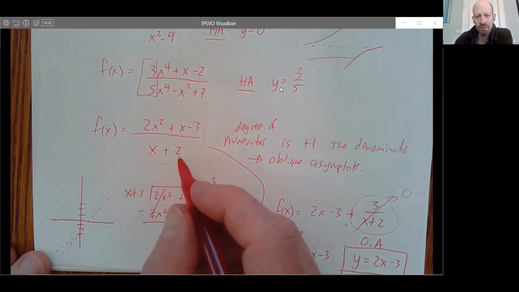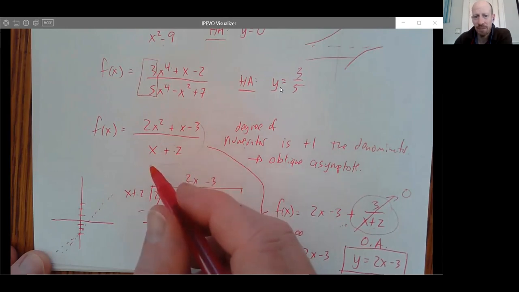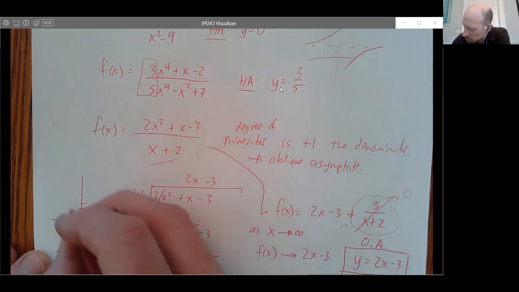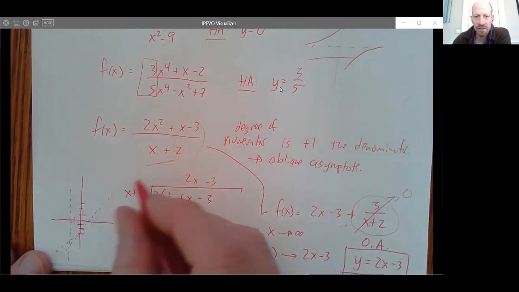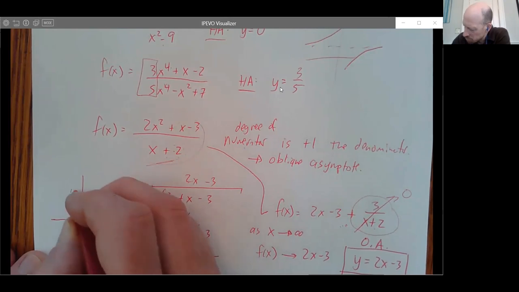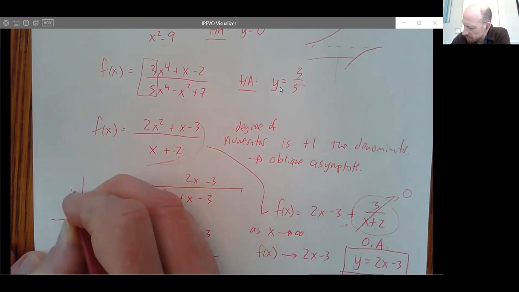Now, we'd have to look at some other features of the graph to know exactly what's going on here. I can see there's a vertical asymptote at minus 2. And I need to look at maybe the x-intercepts and y-intercepts and everything to be sure, but I'm pretty sure this function looks something like this.